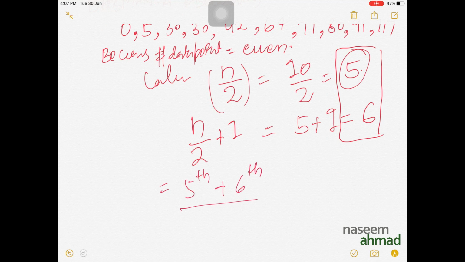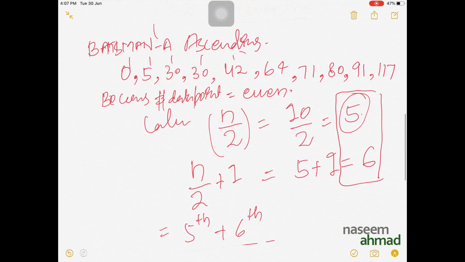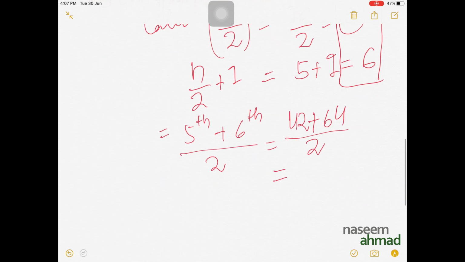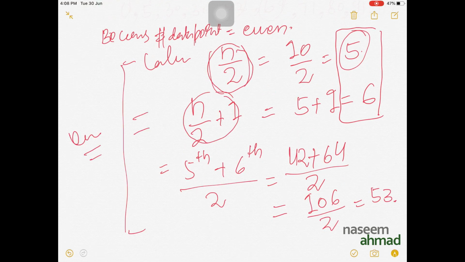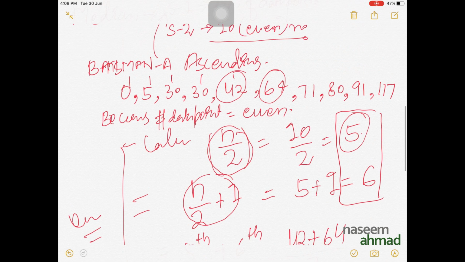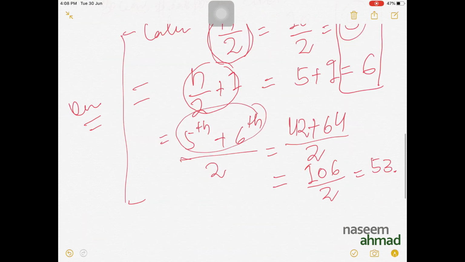What would be the fifth? 1, 2, 3, 4, 5, it is 42. And what would be the sixth? 64. 42 plus 64 is 106, divided by 2, which becomes 53. So we need to calculate n by 2 and n by 2 plus 1, fetch the data points from these positions, 5th and 6th, add those and divide by 2. This way we get the median of a given data set.